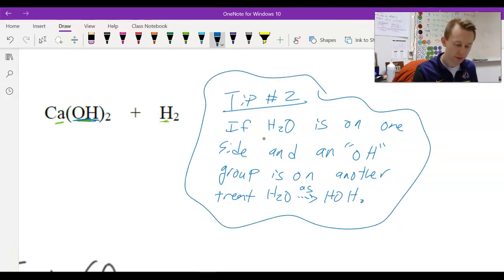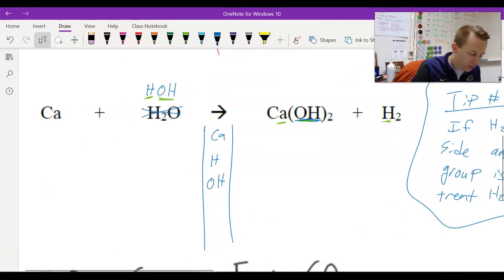So once again, tip number 2, if H2O is on one side and there's an OH group on the other, treat H2O as HOH. Okay, so now let's do this.